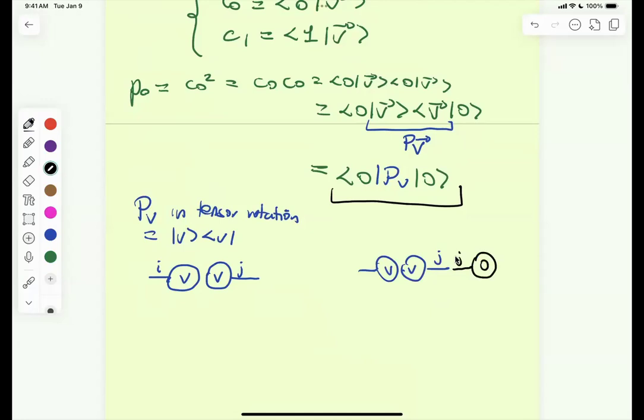So this one is being contracted from the right with this 0 vector, and the other one is being contracted from the left with that 0 vector. And you can check entry by entry that this number coincides with what you get if you do that.